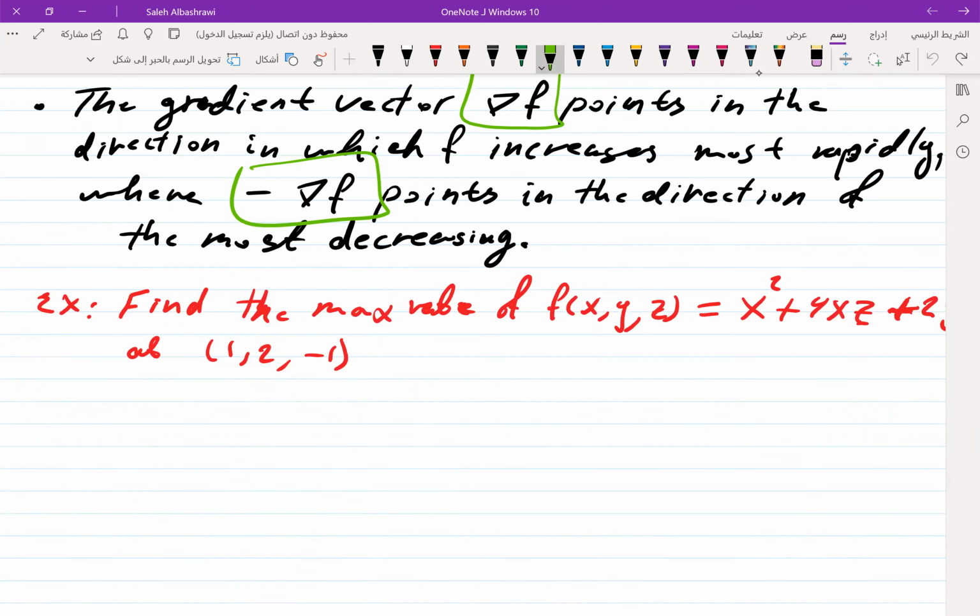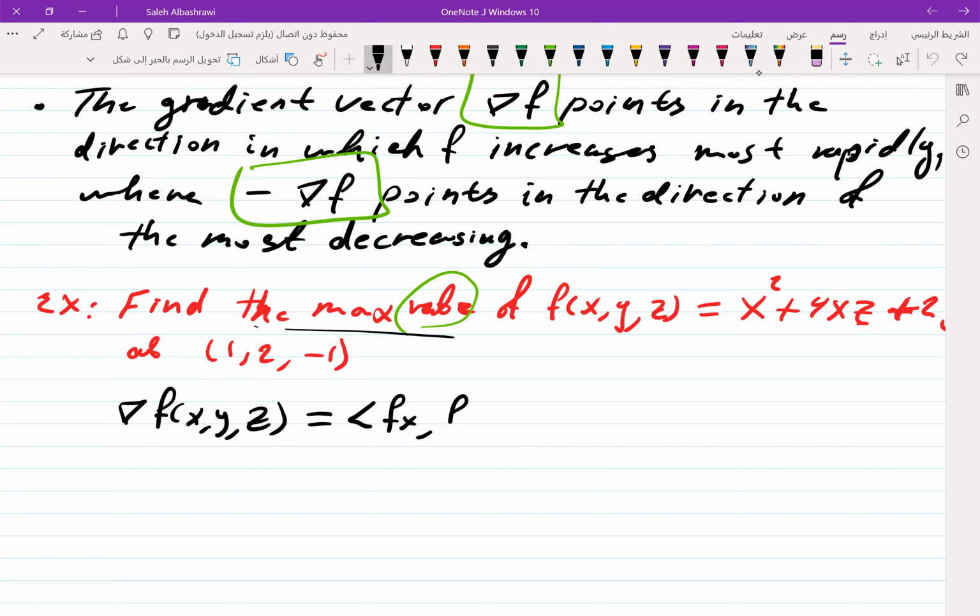Maximum rate. Rate means the derivative, and since we have a three-dimensional case, it is just the gradient of the function. So we need to find the gradient of the function. When you see this, find the maximum rate, so I need to find the magnitude of the gradient. So first of all, let's find the gradient of the function, that is given by f sub x, f sub y, and f sub z.